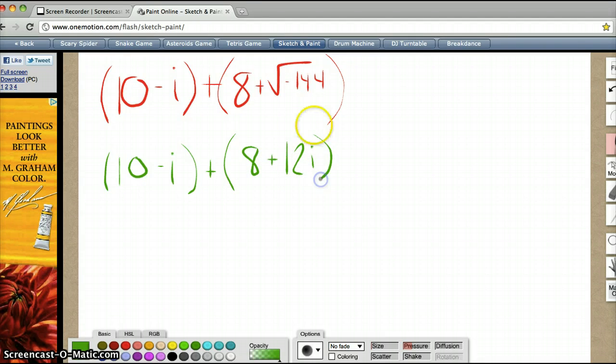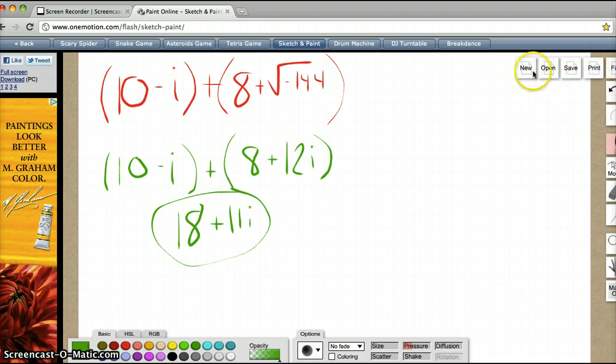Okay? Because the square root of 144 is 12, and because it's a negative, it becomes an i. So 10 plus 8 is 18, and a negative i plus a positive 12i is just plus 11i. And that becomes your answer.